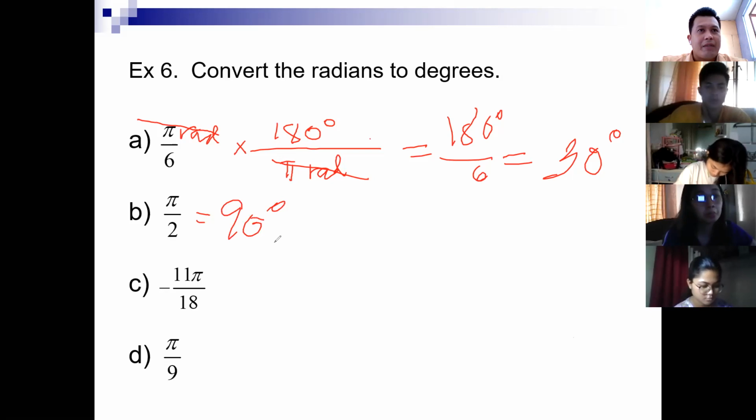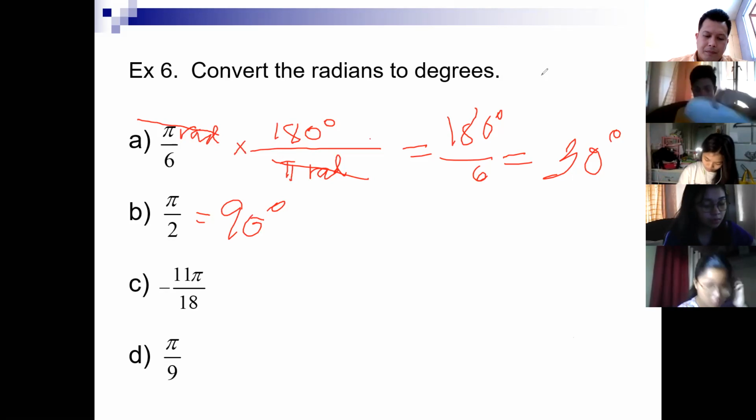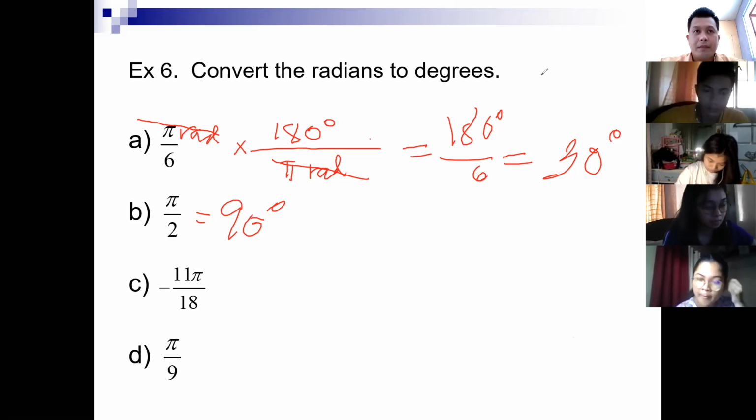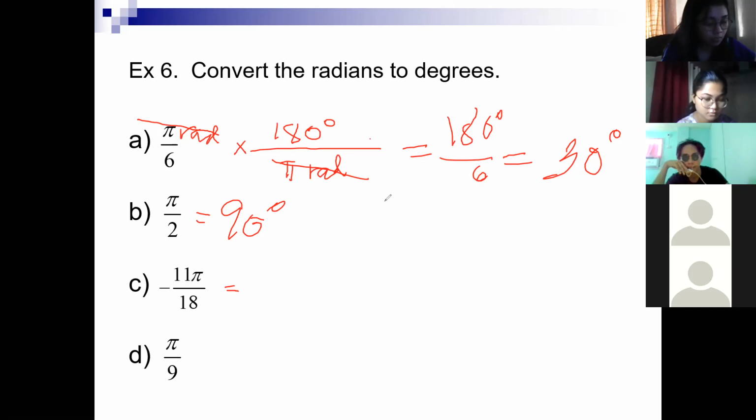How about negative 11 pi over 18? One hundred ten.